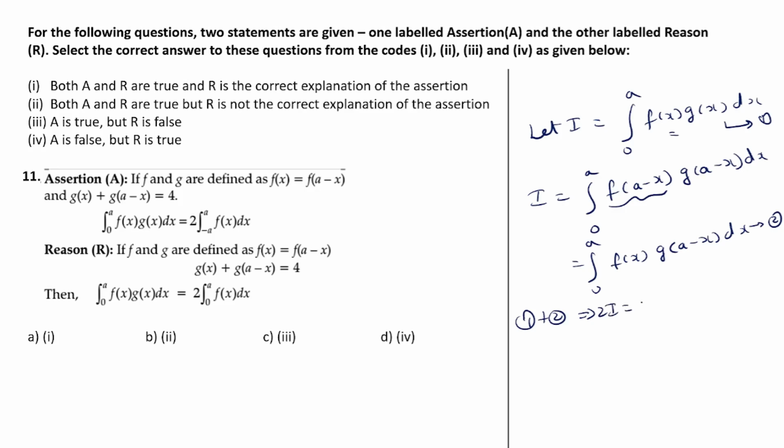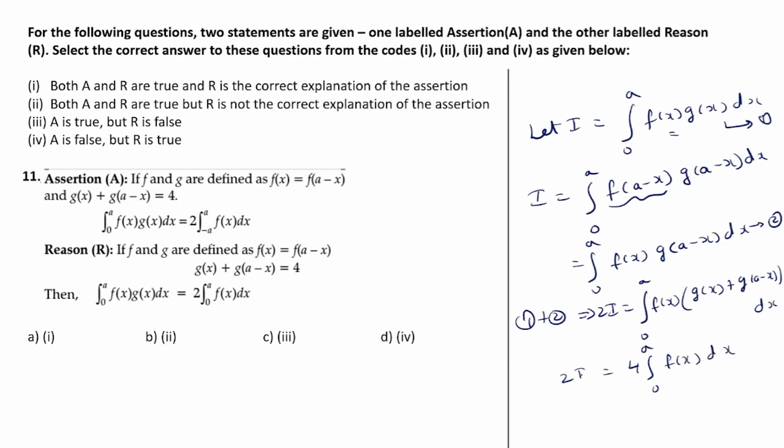So if we add these two, we get 2I equal to integral 0 to a f of x into g of x plus g of a minus x dx. But g of x plus g of a minus x is 4. So this is equal to 4 times integral 0 to a f of x dx.